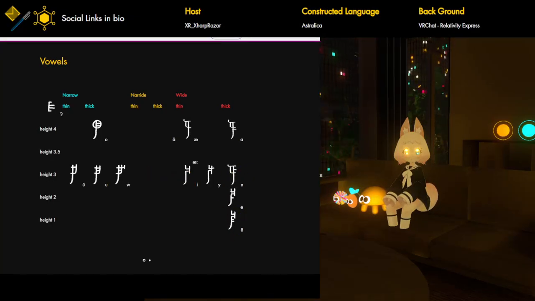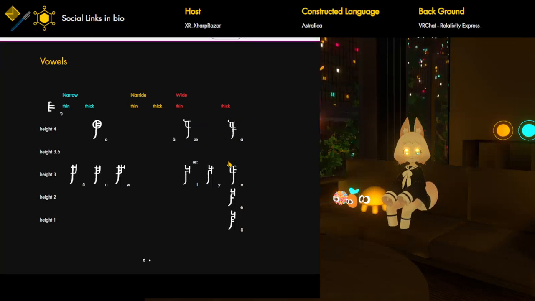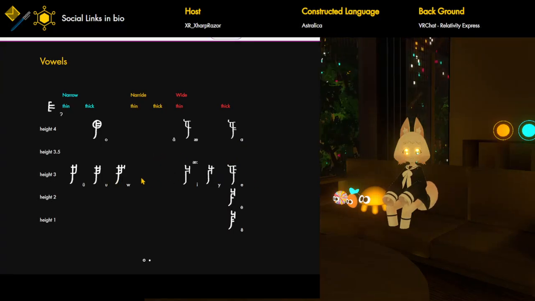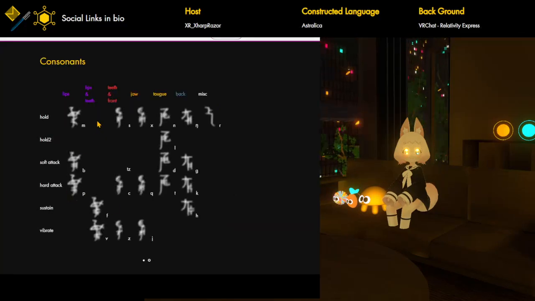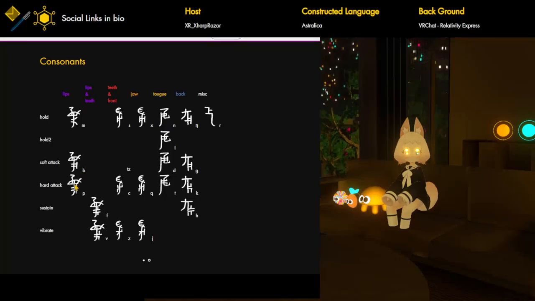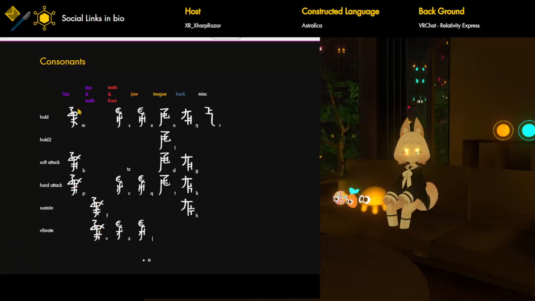So that's the thing. It follows patterns. Although some of the shapes are arbitrarily decided, they're designed to look alike if they behave alike. For example, in the consonants over here, we can see m, b, p, f, v. All of them are at the lips.